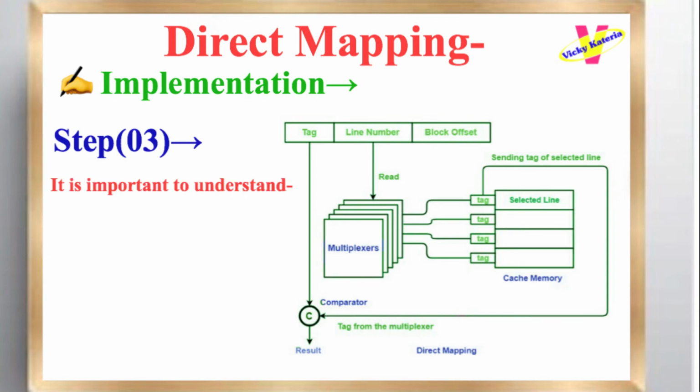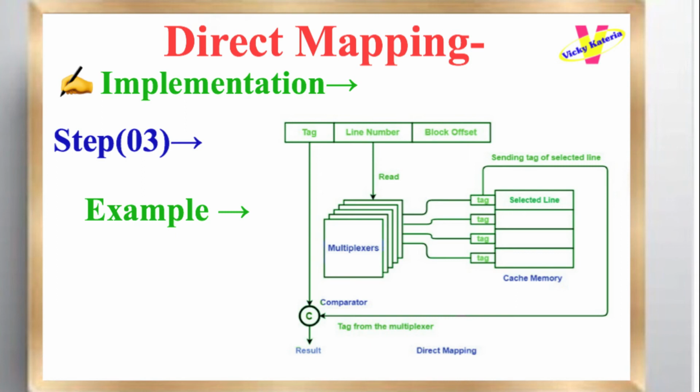It is important to understand that a multiplexer can output only a single bit on the output line. So, to output the complete tag to the comparator, the number of multiplexers required equals the number of bits in the tag. Each multiplexer is configured to read the tag bit at a specific location. Example.